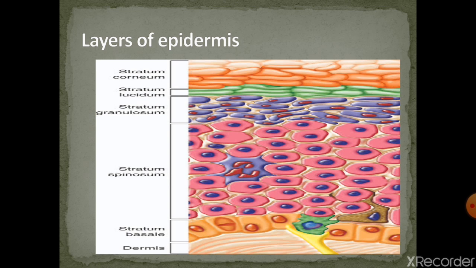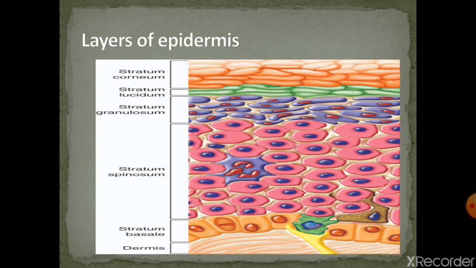In this pic it is purple color, it is called as stratum granulosum, and below granulosum there is another layer called as stratum spinosum, and below stratum spinosum there is the deepest and innermost layer of the epidermis called as stratum basale, also called as stratum germinativum. So by these 5 layers the epidermis is formed.